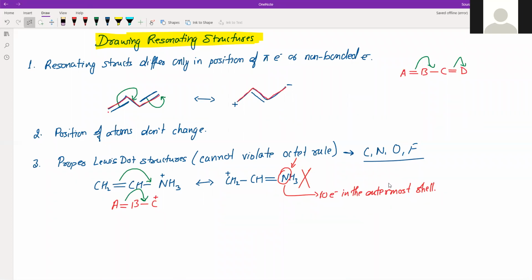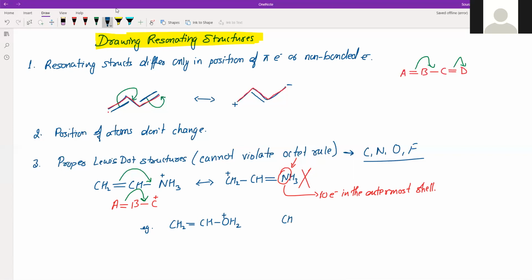Right? Similar examples: if in place of N there is O, it can be CH2 double bond CH OH2, and on O there is a positive charge. Again, if you form a double bond with O, O will be forming 4 bonds. Not possible.